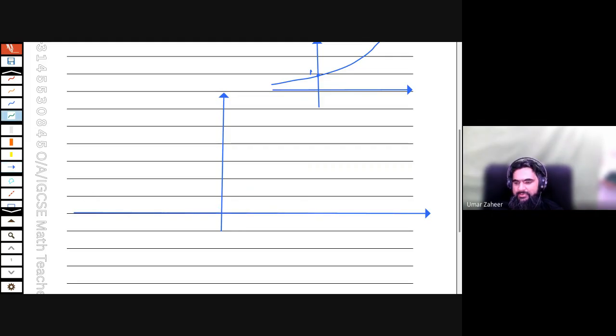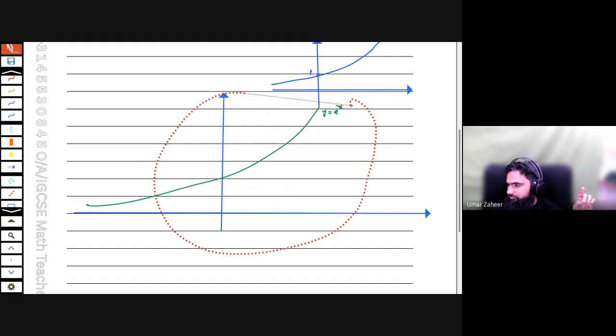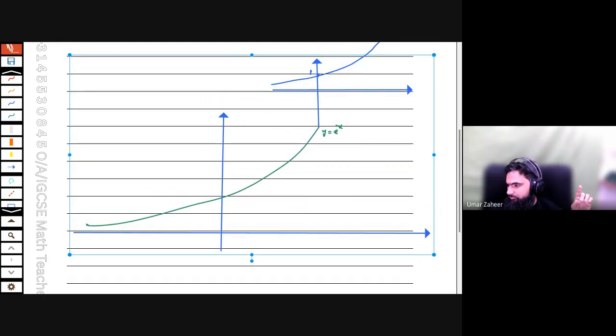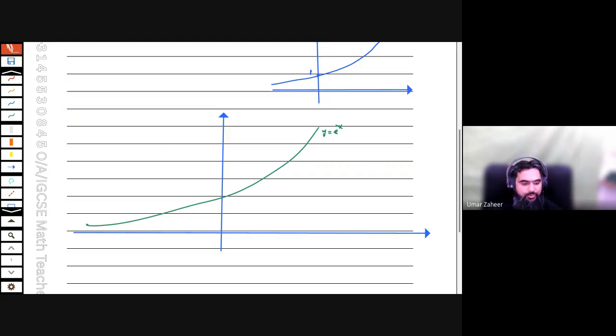Okay, for example, if I draw the graph here, let's say this is the graph of y equals e power x.